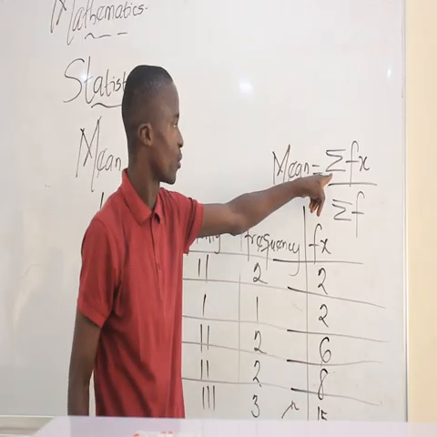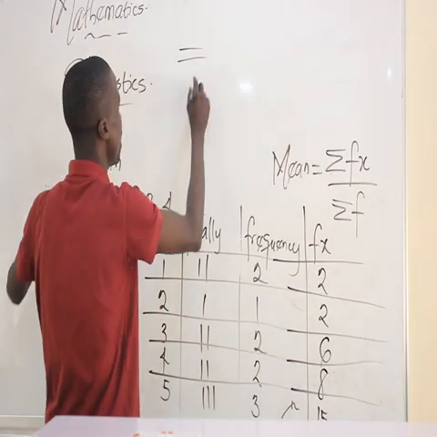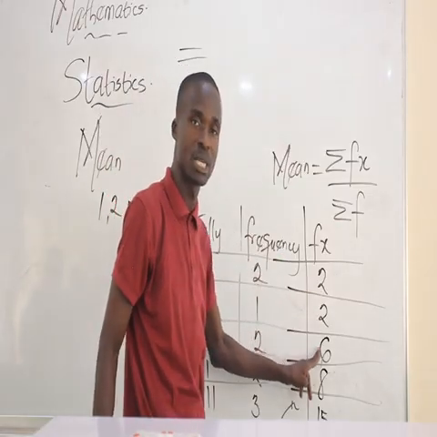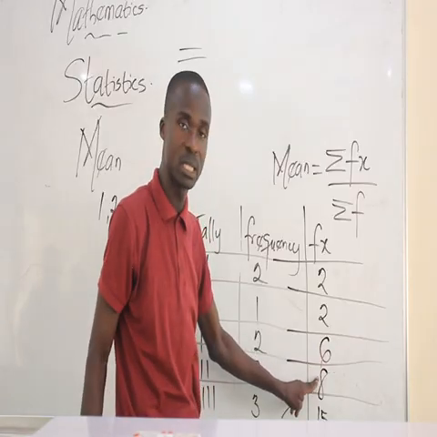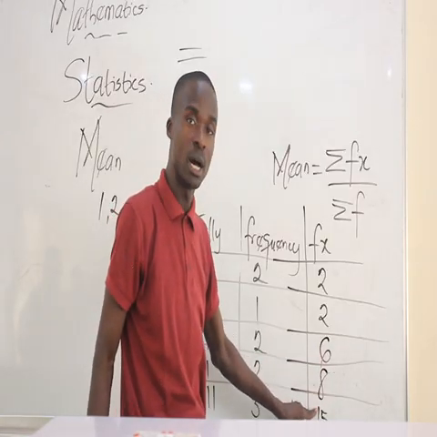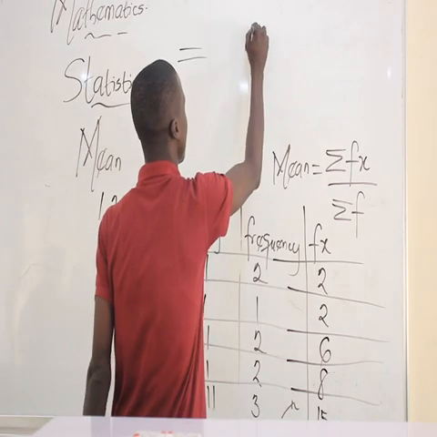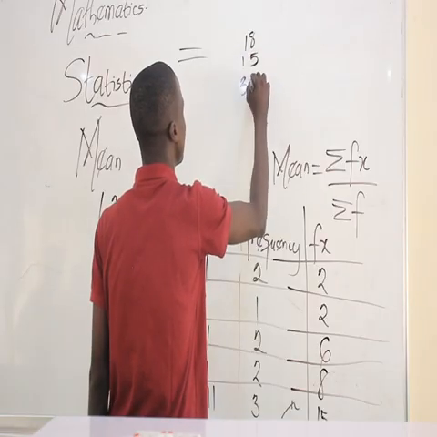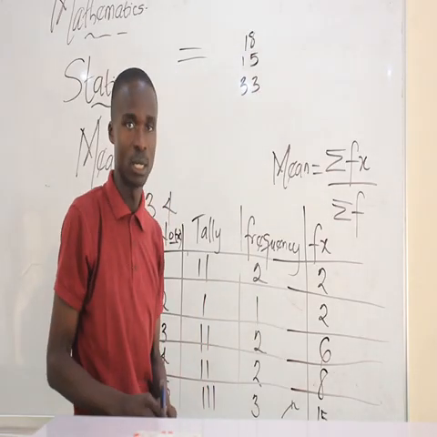Now you look for the sum of all of these numbers for your fx. Sum of fx: if you add it together, 2 plus 2, 4, plus 6, that will give you 10, plus 8, 18, plus 15, that will give you 33.